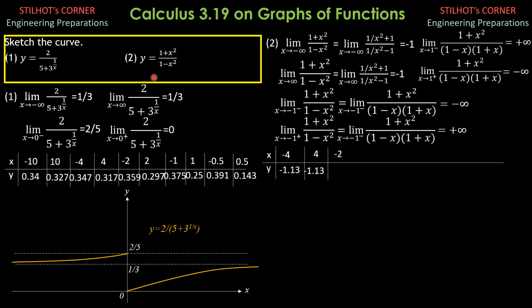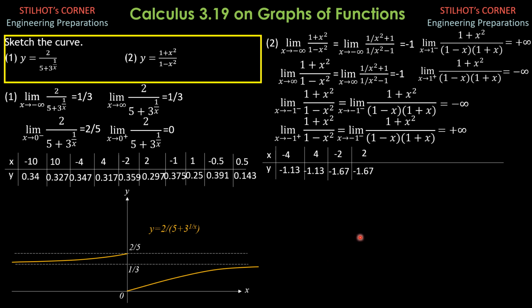So to sketch the graph, we begin when x approaches negative infinity. We have this negative 1 horizontal asymptote, then vertical asymptotes x equals negative 1 and x equals positive 1 from the denominator. So x is approaching negative infinity, negative 1, negative 4, negative 1.13, so it is below.